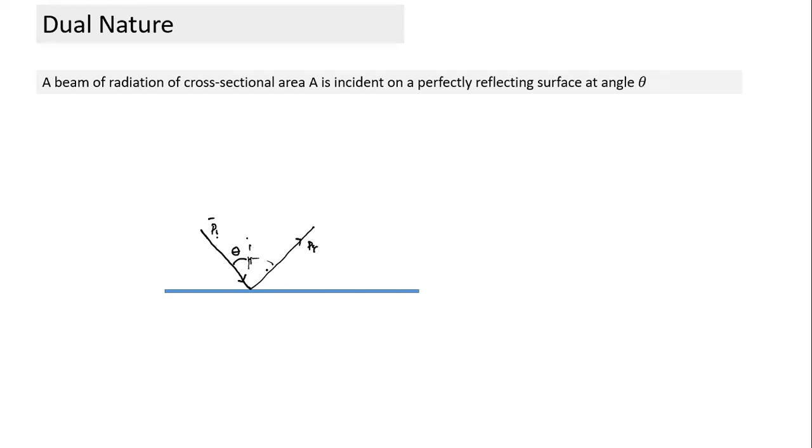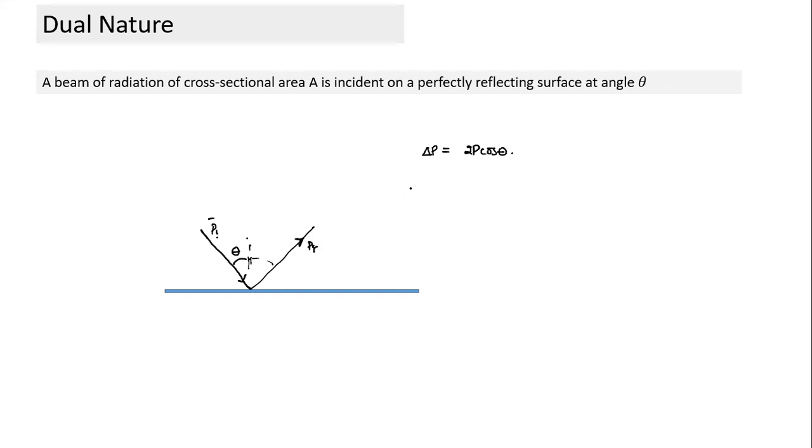It is equal to a ball striking the surface and bouncing back. What will be the change in momentum in this case? You can easily tell both incident momentum and reflected momentum are equal. The change in momentum will be 2p cos theta.